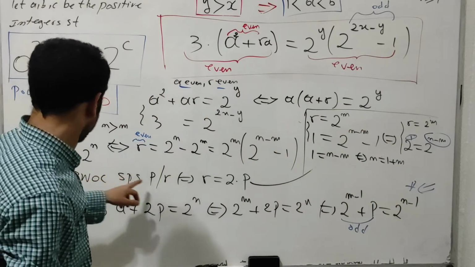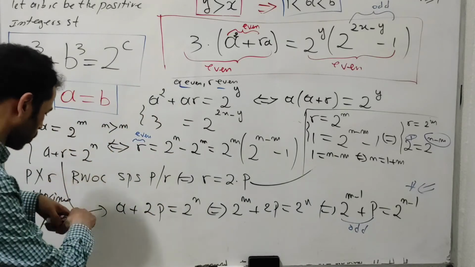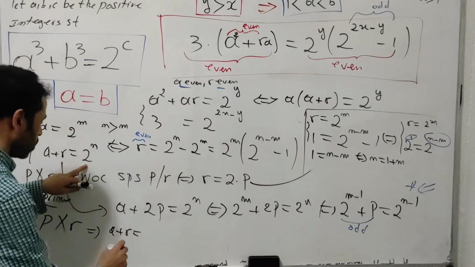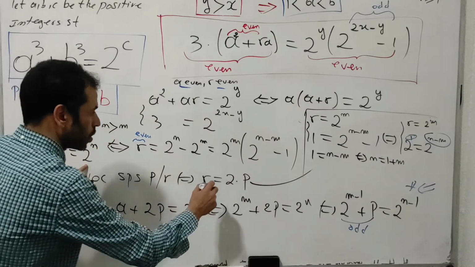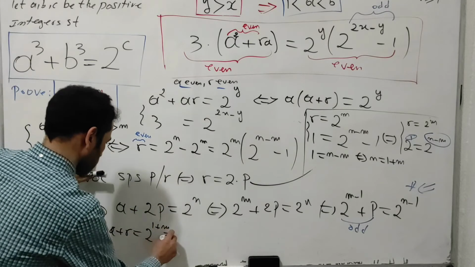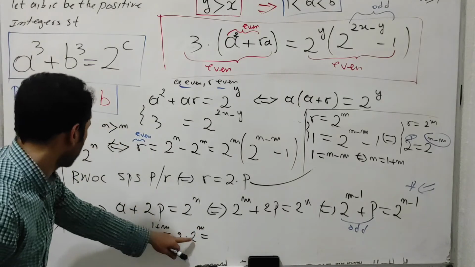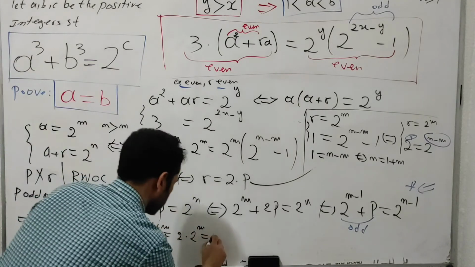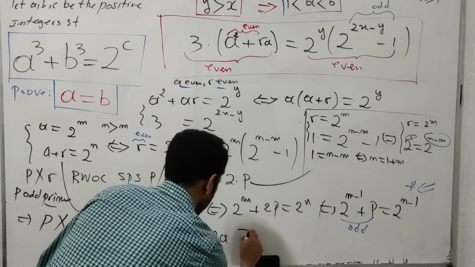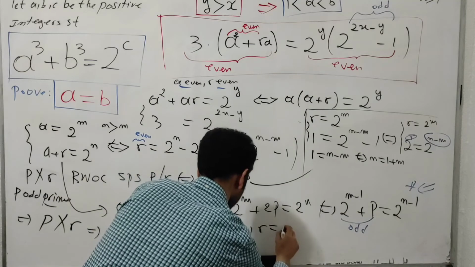I'm going to take this value of n and replace it into the second equation. I will have a plus r equals 2 to the n. 2 to the n will be replaced with 1 plus m, which is given as 2 multiplied by 2 to the m. 2 to the m will be replaced with a, so we'll have 2a. By taking this a to the right hand side of this equation, I will get r equals a.